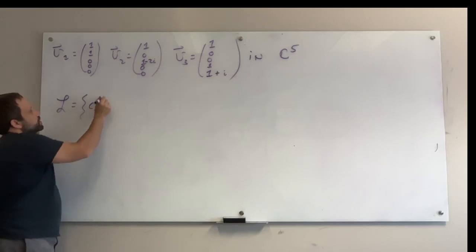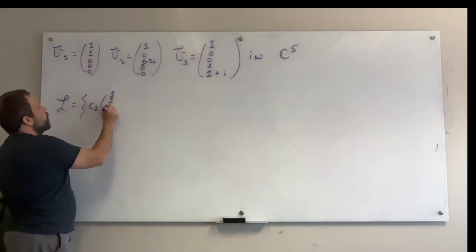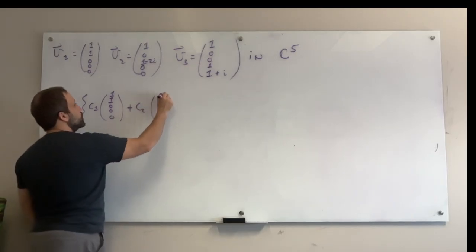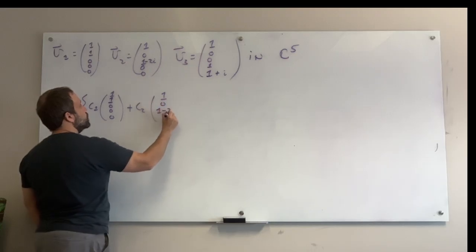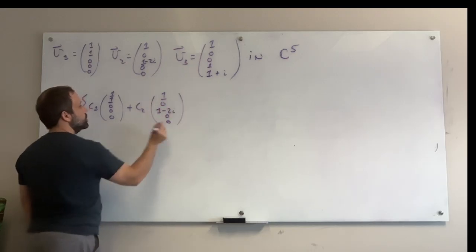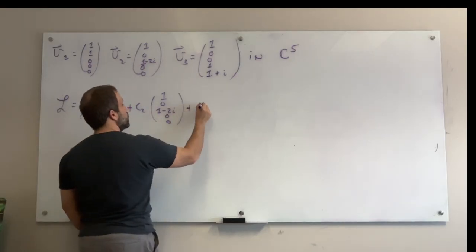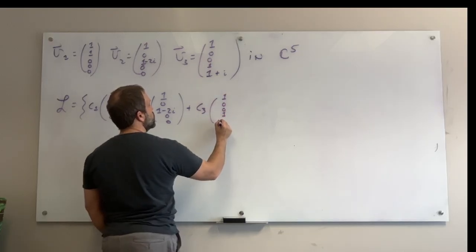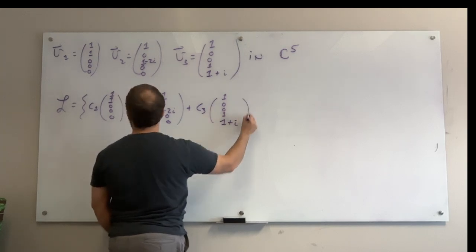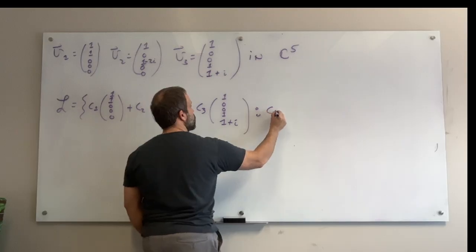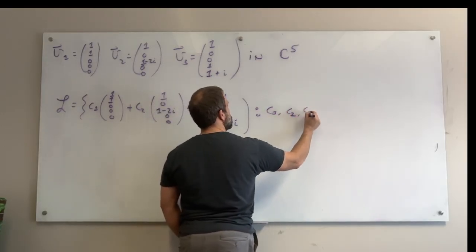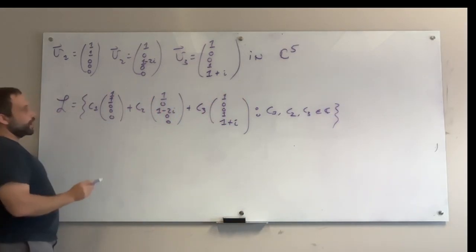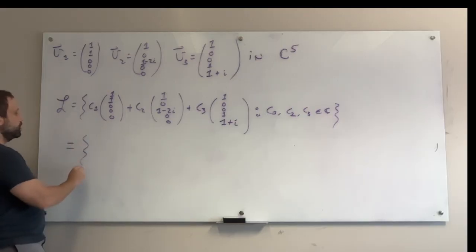So C1 times 1, 1, 0, 0, 0 plus C2 times 1, 0, 1 minus 2i, 0, 0, and then plus C3 times 1, 0, 0, 1, 1 plus i, and this is going to be for C1, C2, C3 in the complex numbers.